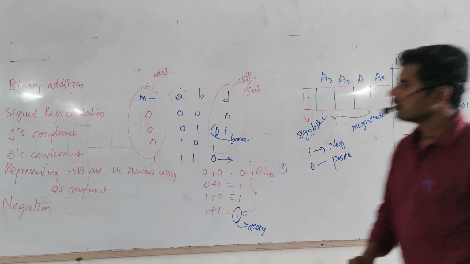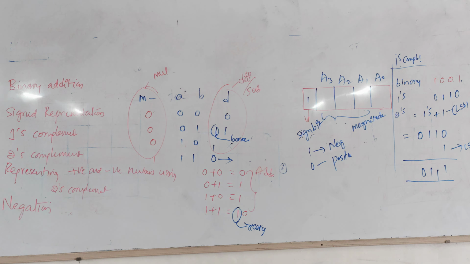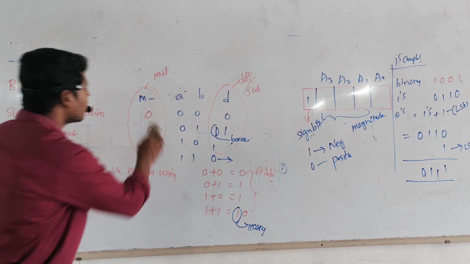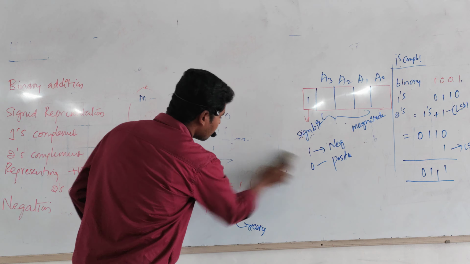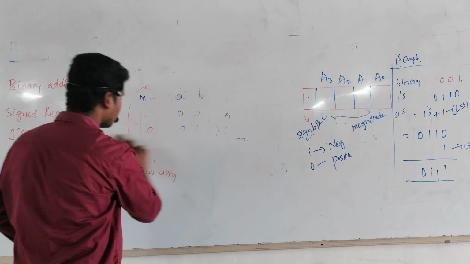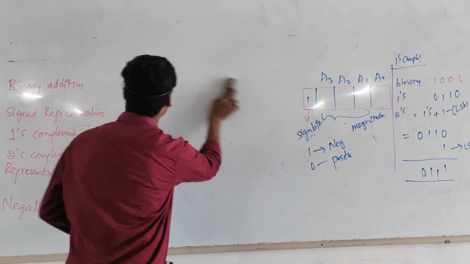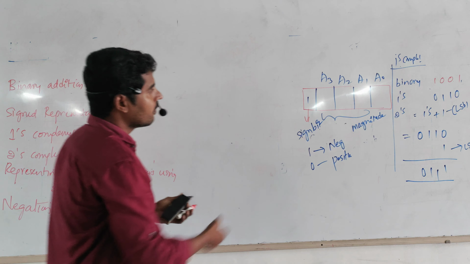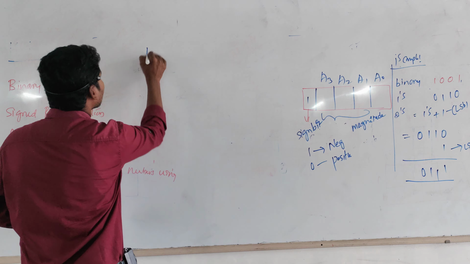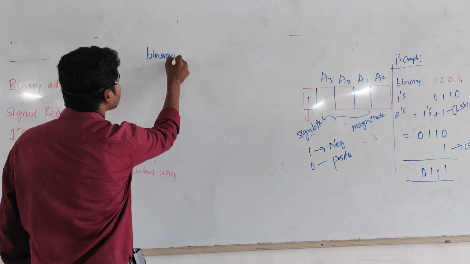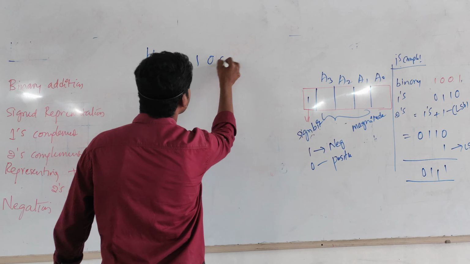Coming to the representation of negative and positive numbers with the help of 2's complement, suppose I take the same binary number 1 0 0 1.